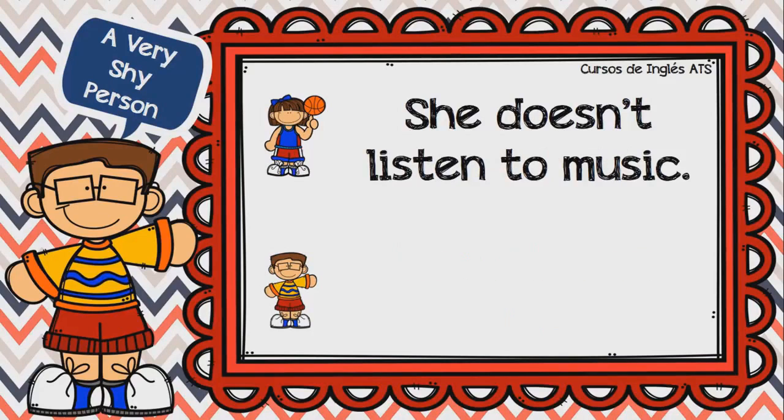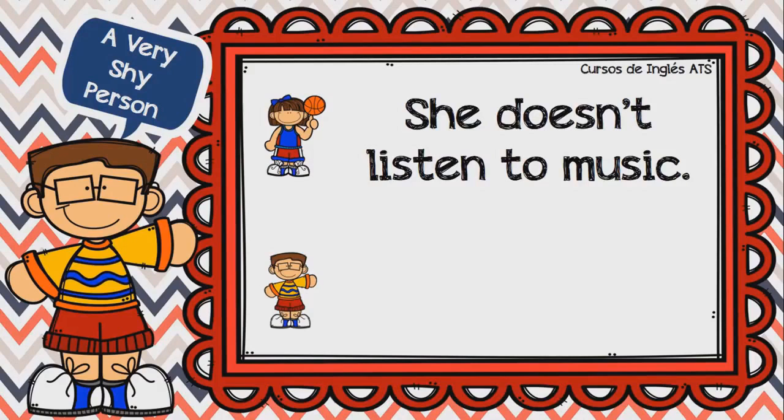She doesn't listen to music. Okay. Simple present or verb to be? Simple present. How do you know? We have an action, a verb. What is the action? Listen. Very good. Okay, so now this is a negative sentence.